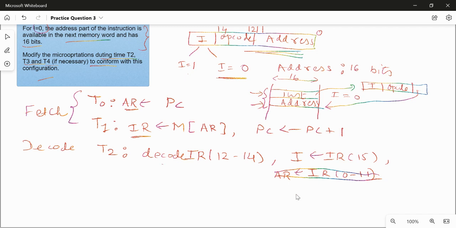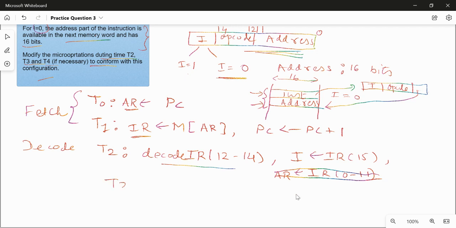So here we have to wait until the instruction is decoded, because the logic to be modified for timing signal T2, T3, or T4 is to be given only for memory reference instructions. If there is any register reference or IO instruction, then no updation should take place. The original sequence of operations will follow to complete the instruction cycle.